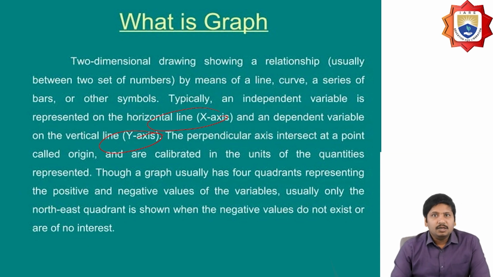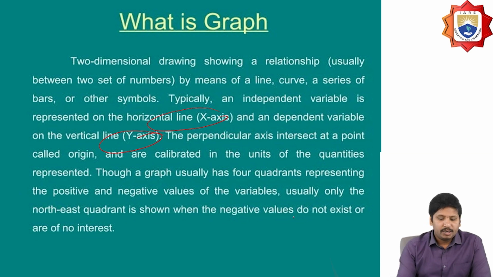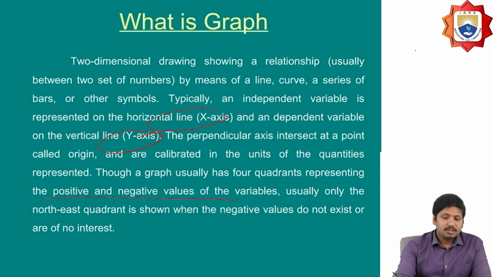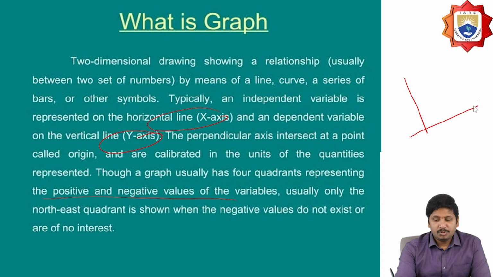A graph usually has four quadrants representing the positive and negative values of the variables. Usually only the northeast quadrant is shown when negative values do not exist.